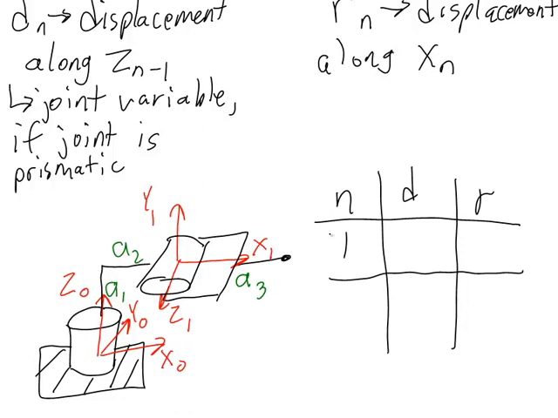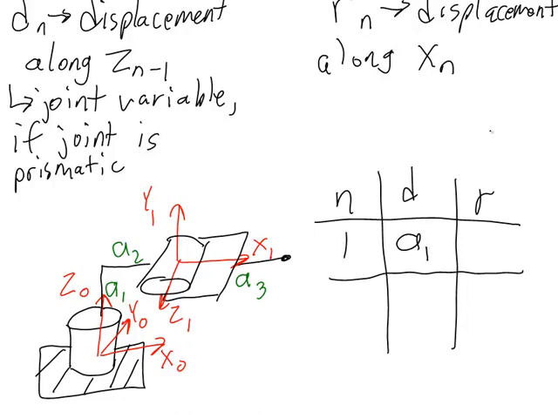D1 is defined as the displacement between the two coordinate frames along the axis Zn-1. The displacement between frame 0 and frame 1 along the axis Z0 is a1. So here, the d parameter is equal to a1.